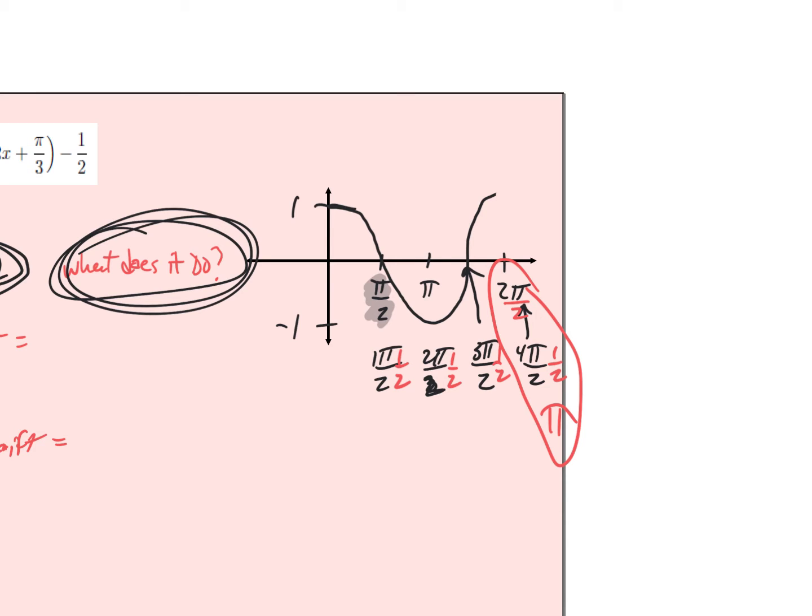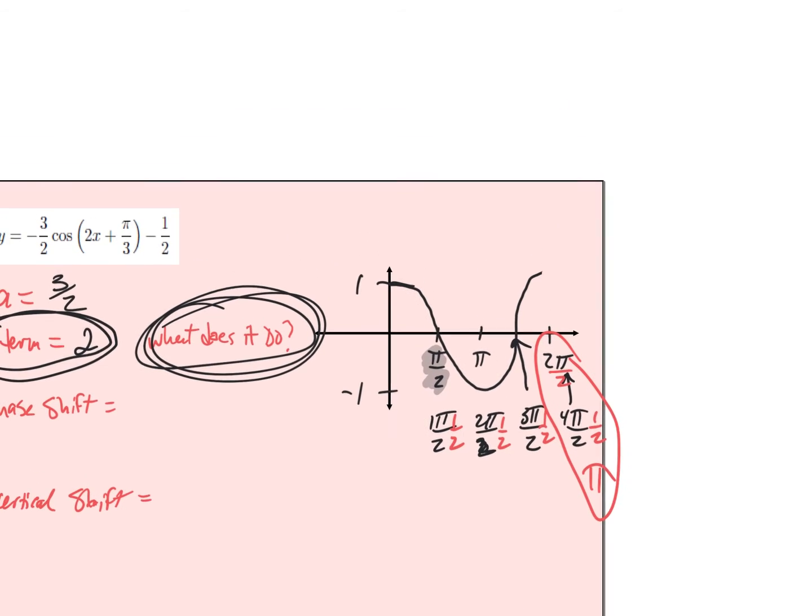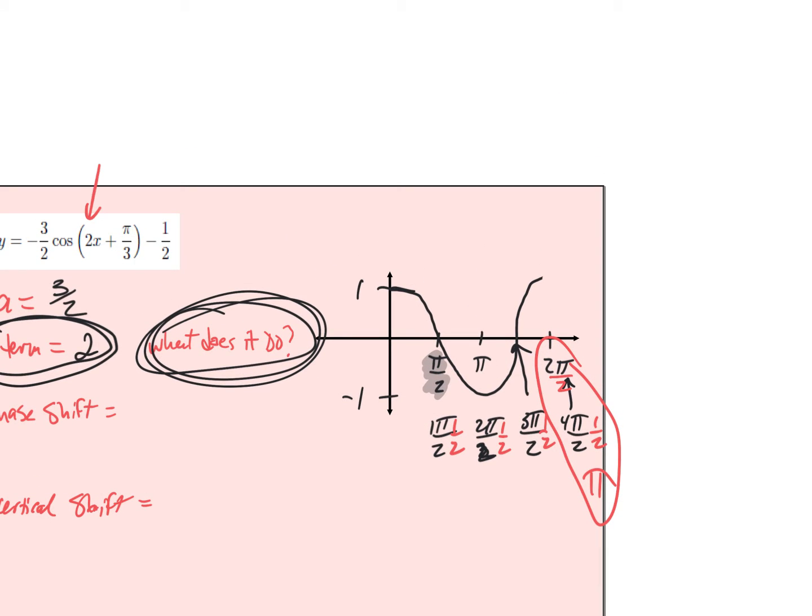All right, then, why did we do that? Because there was a 2 in the middle, we had to multiply everything by 1/2. And 2 pi at the end there became 2 pi over 2, which simplifies down to just pi. And then you can go all the way back to the beginning and say the pi over 2 would get times by 1/2, and that becomes pi over 4. And that tells me what to count by.